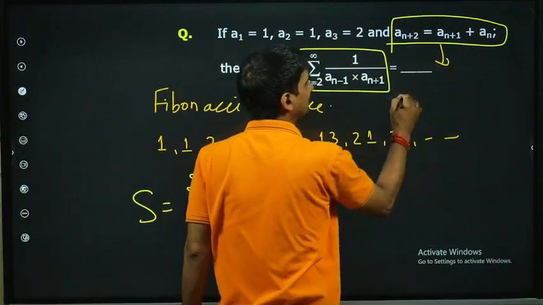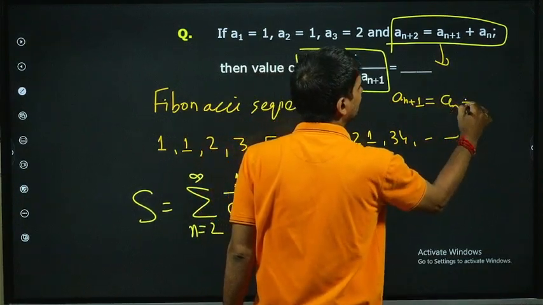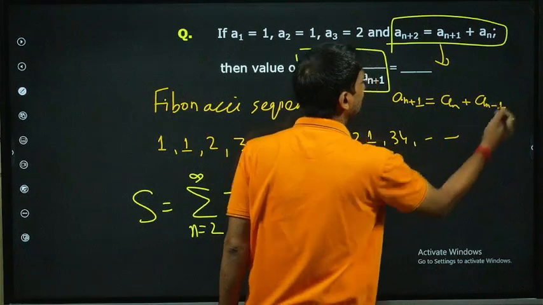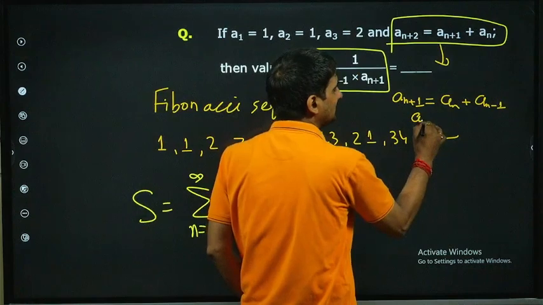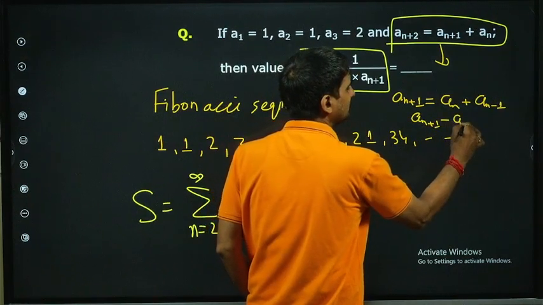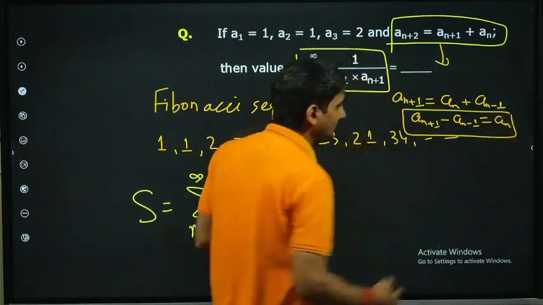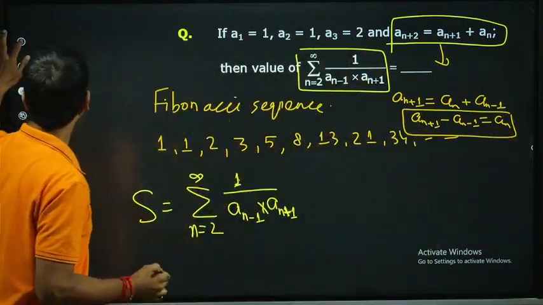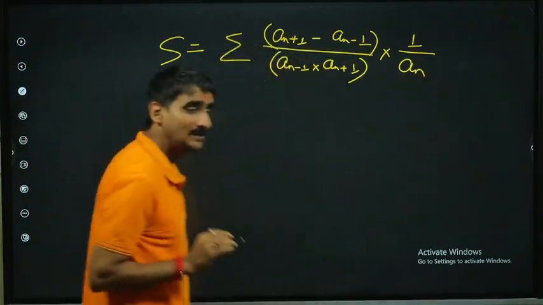I can write a(n+1) is equal to a(n) plus a(n-1), so replacing n+2 by n+1 here. So a(n+1) minus a(n-1) is nothing but a(n). So I'll be replacing this by a(n). So I won't divide it by this, rather I will divide by a(n).